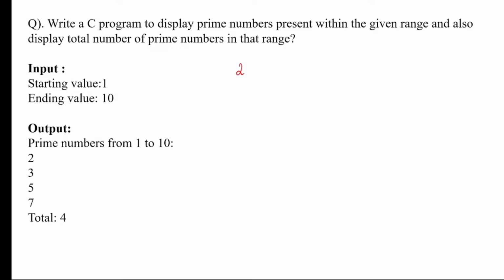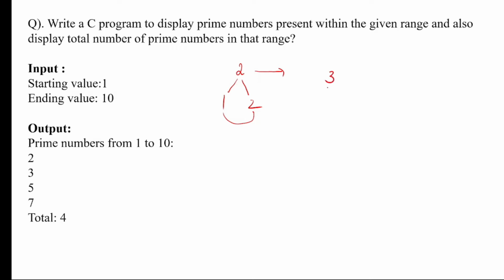What are the factors of 2? 1 is a factor of 2 and 2 is a factor of 2. Only 2 factors, so 2 is a prime number. 2 is a special type of prime number because it is the even prime.